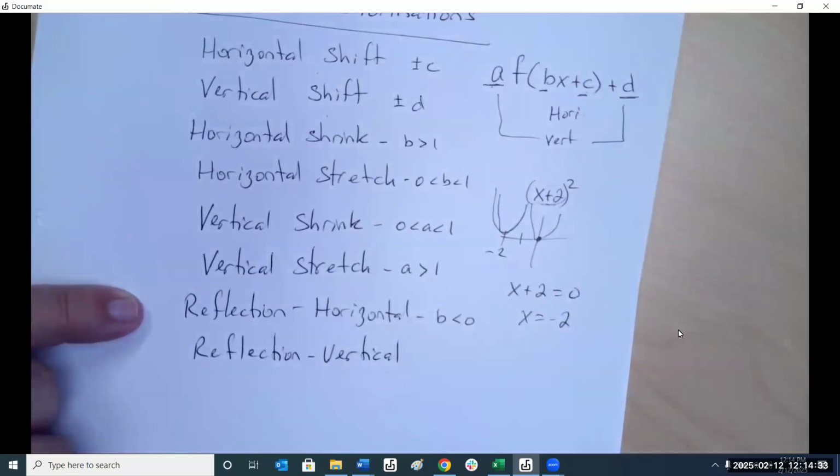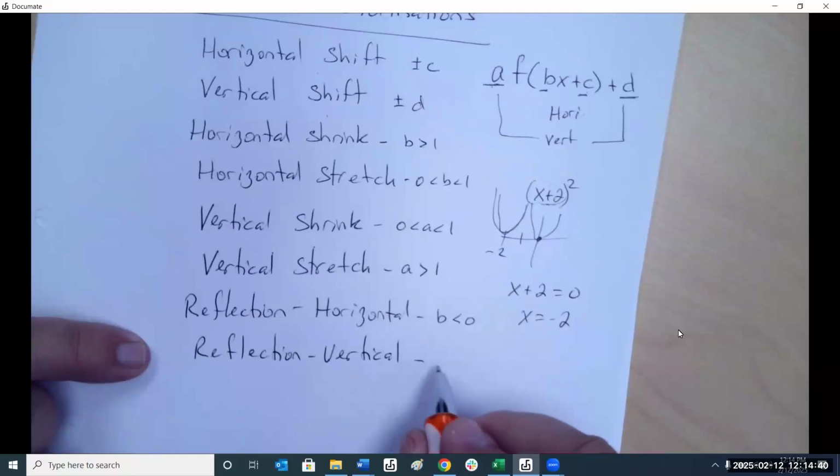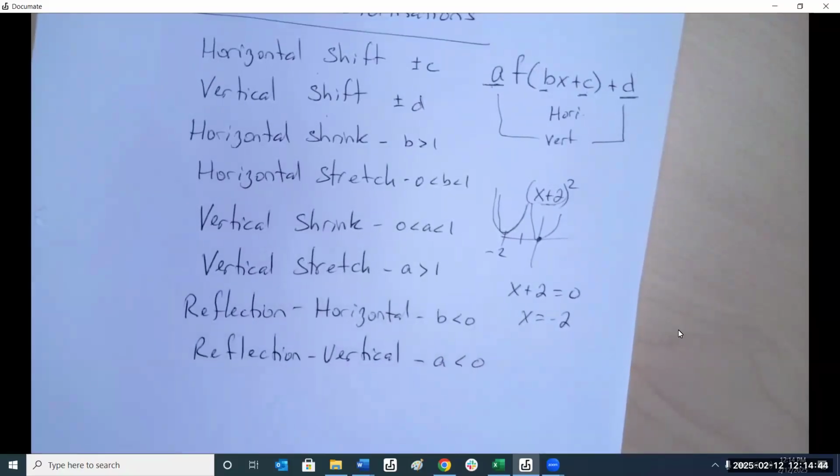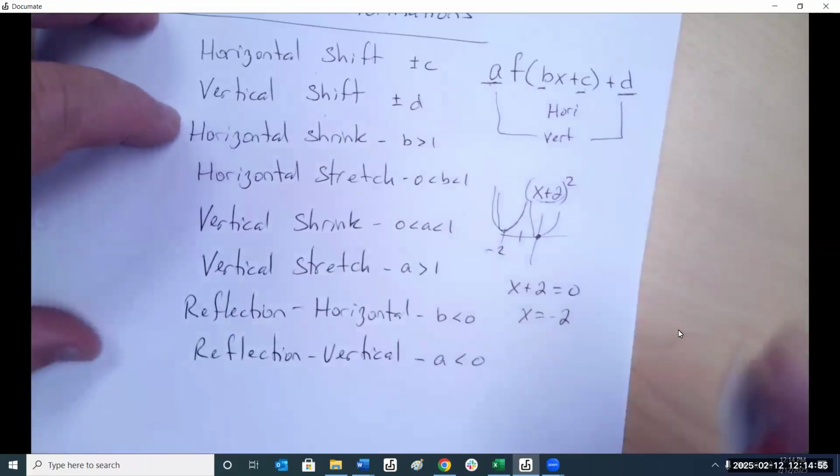As you said, reflection is a kind of rotation. If it's a vertical reflection, if A is negative, it flips down. These are the blueprints of what's going to happen to your function.